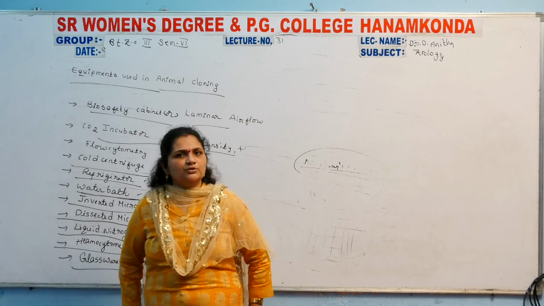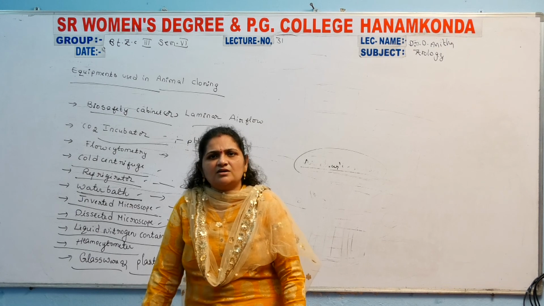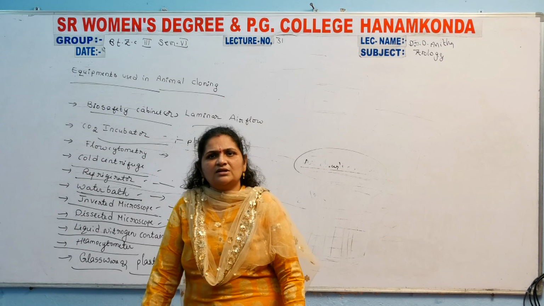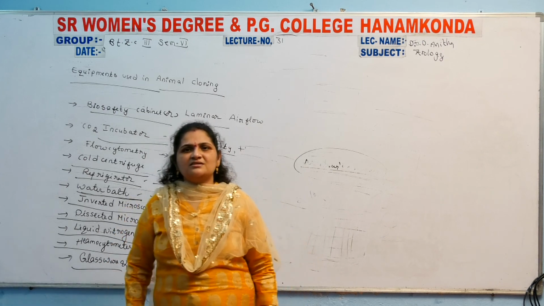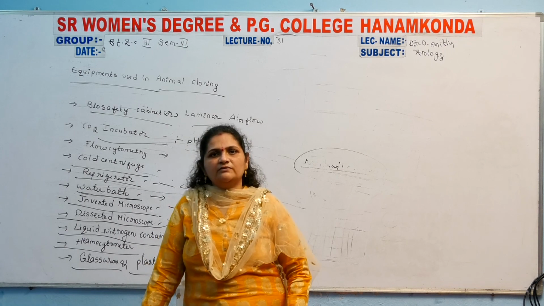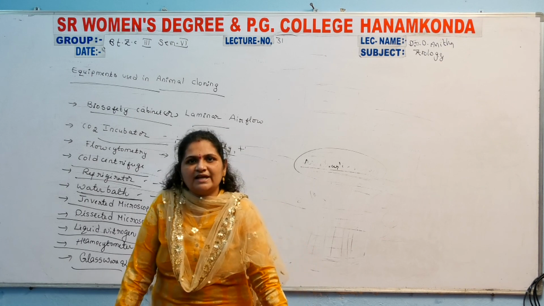Applications are nothing but the uses, and different types of cancers can also be cured. That is malignant cancer, where normal cells become cancerous cells. Those cancerous cells can also be cured with the help of the cloning mechanism. Why? Because the genetic material is damaged in those cancerous cells.